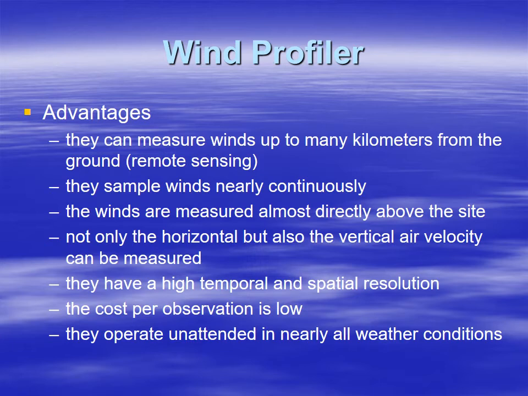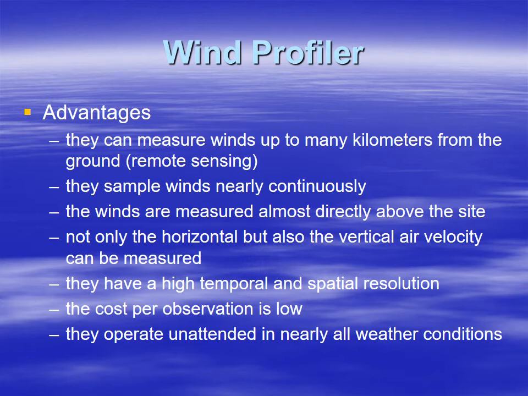As you know, with radiosondes, the balloon goes up and it travels downwind. So by the time you get to the upper atmosphere, you're measuring a site that's about 100 miles away from where you launched it. The wind profiler can measure horizontal winds and also vertical air velocities.